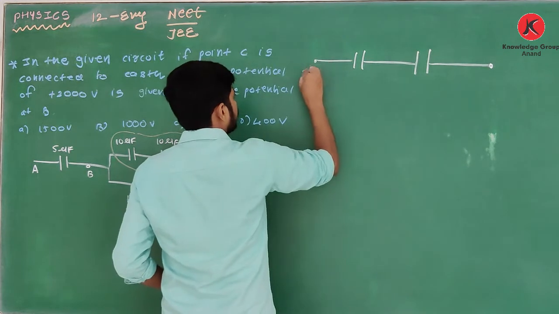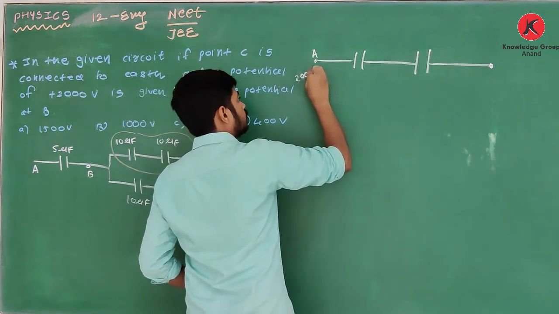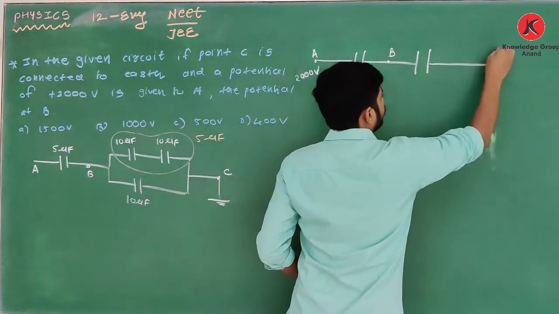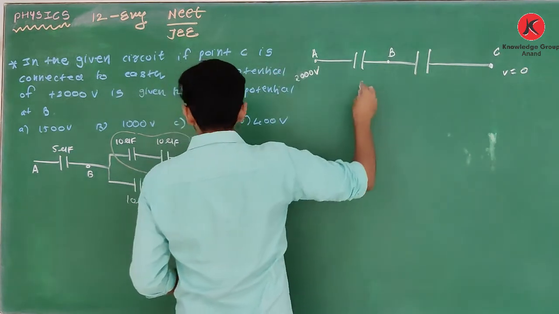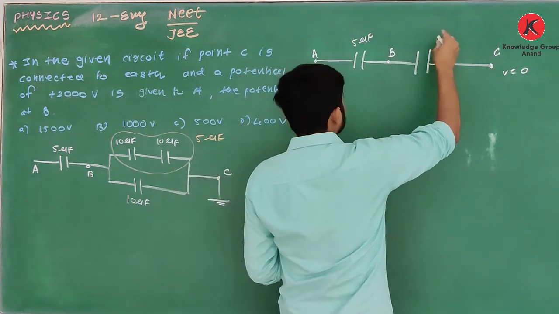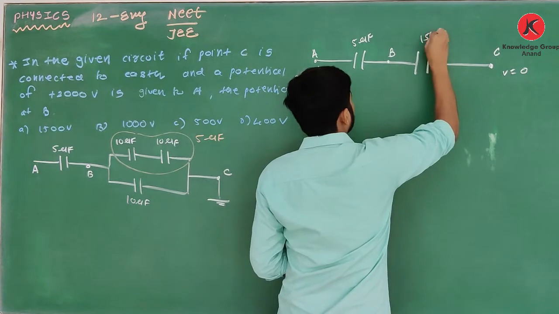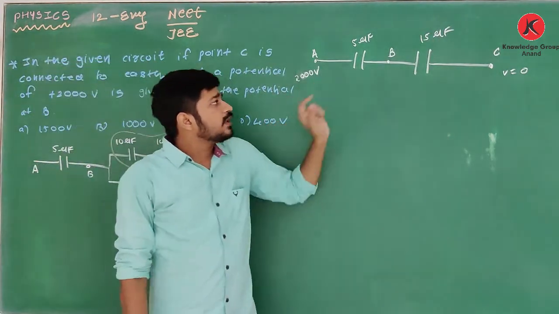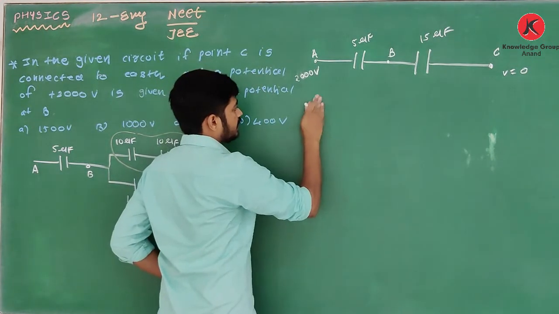See, here it is point A, it is at 2000 volt. It is point B, and here it is point C, at V equal to 0. Its capacitance is 5 microfarad and its capacitance is 15 microfarad. Now see, these two capacitors are in series connection, and in series connection charge is same.